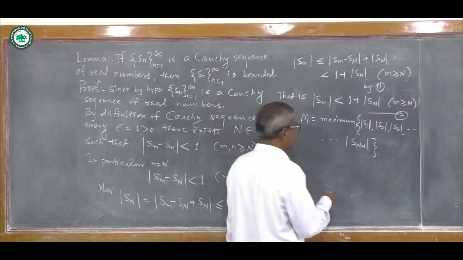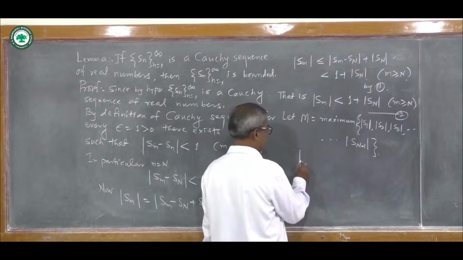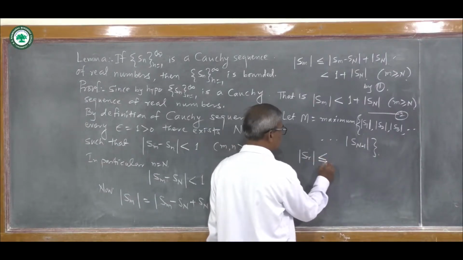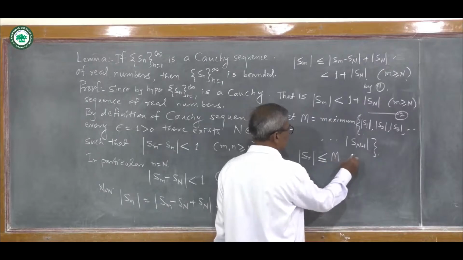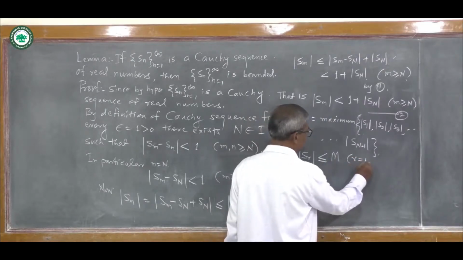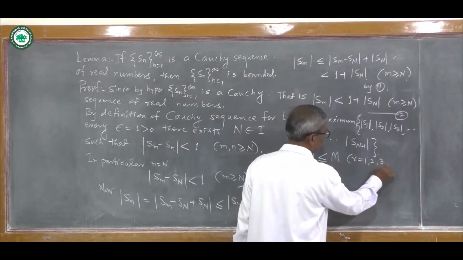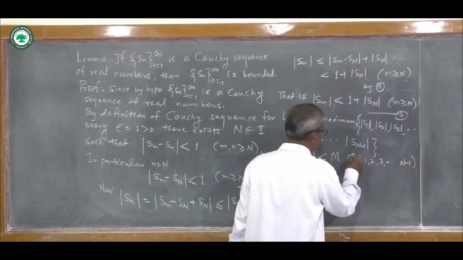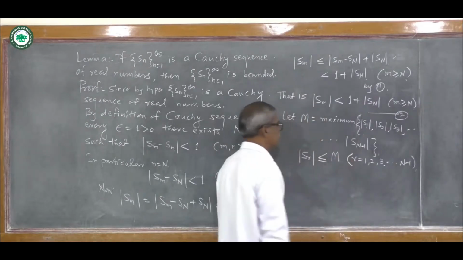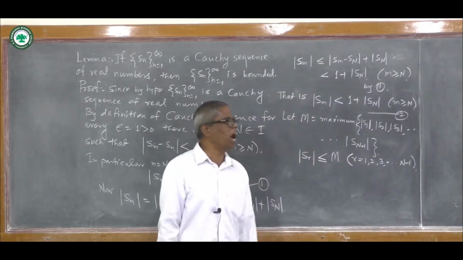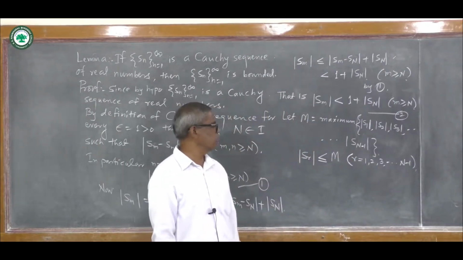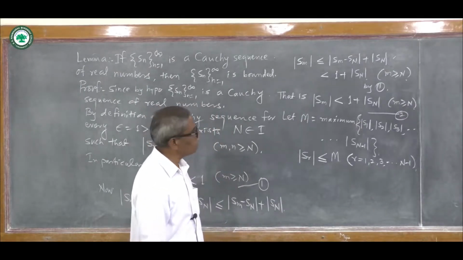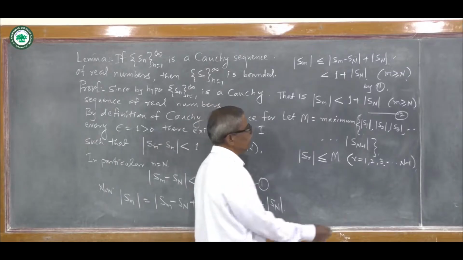In short, modulus of S suffix R is less than or equal to capital M for all R equal to 1, 2, 3, and so on up to capital N minus 1.